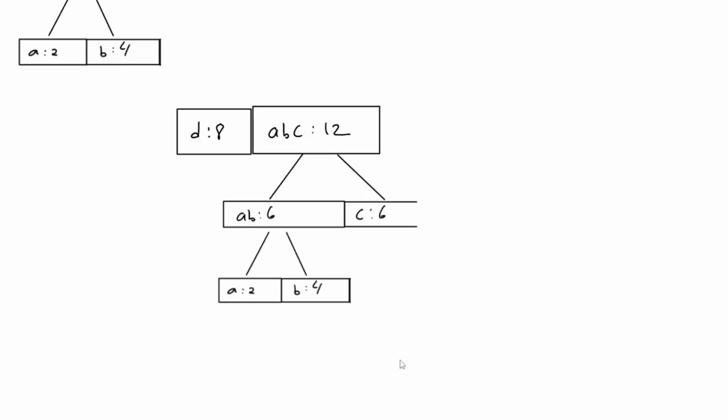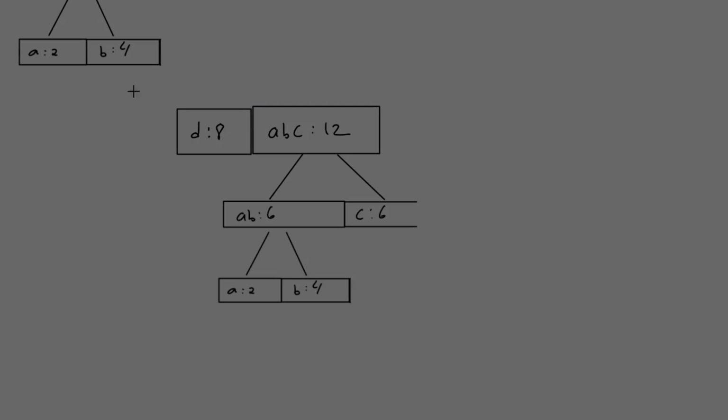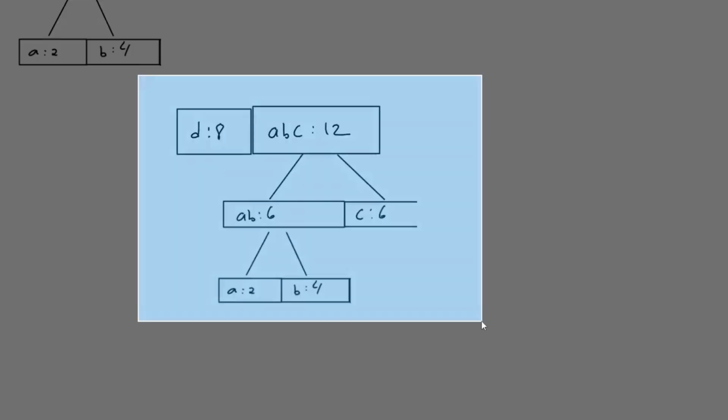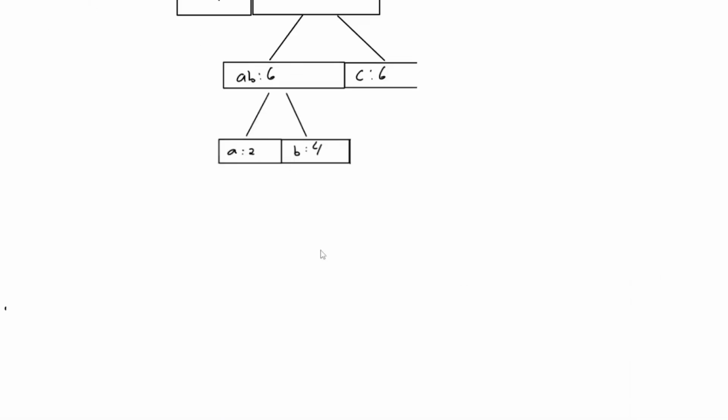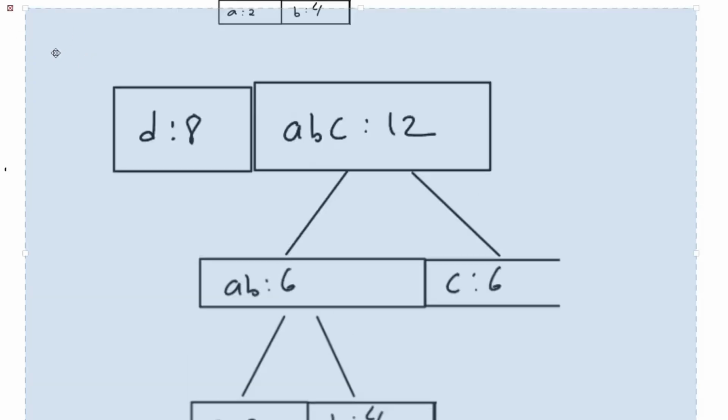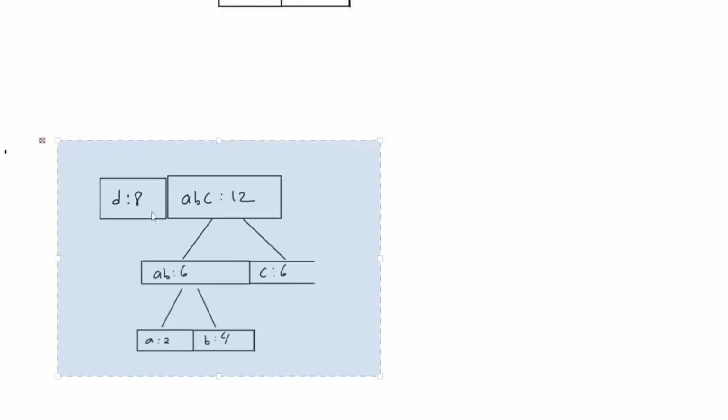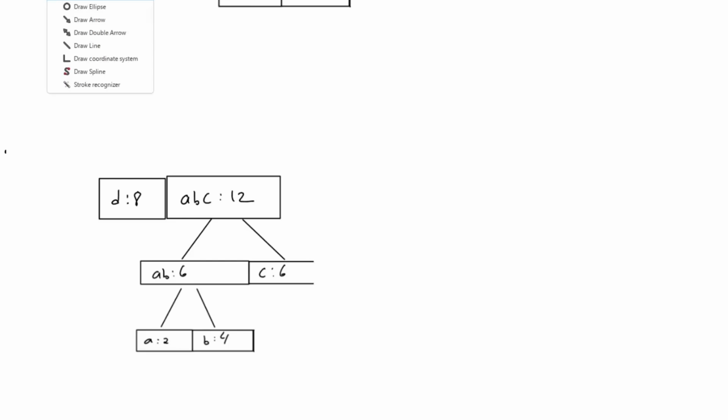In this case, we're going to use the same tree one more time. This should be completely fine. We're going to paste it down here, and put these two together: D8 and ABC12.